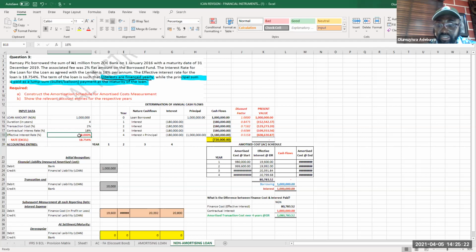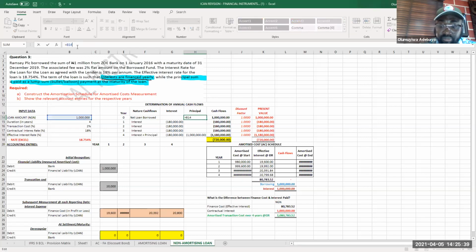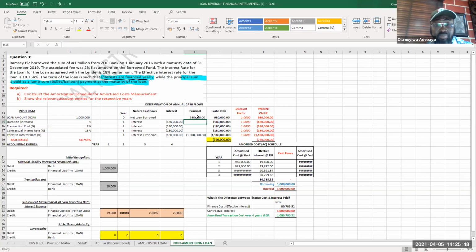Okay, instead of wasting a lot of time, what I can do simply is to say, what rate, given the net borrowed amount? Net borrowed amount is principal minus the fee that I paid, 2% of the amount borrowed, which means what came to my pocket is 980, which is simply 1 million minus 20. Okay, at the end of the day, I need to seek a goal.